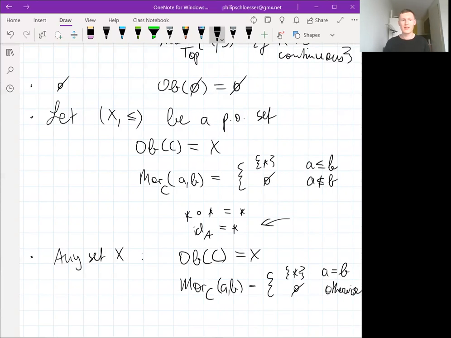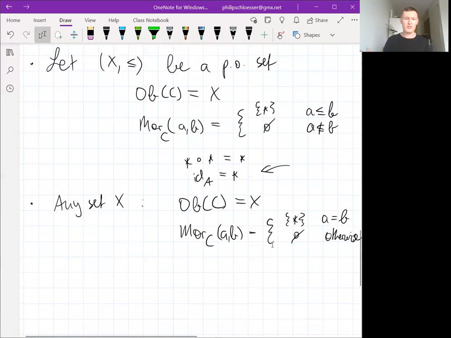So we literally only have one isomorphism per object and no morphisms whatsoever between any two different objects. So this is the minimal category made out of X that really is a category, and it's called the discrete category.